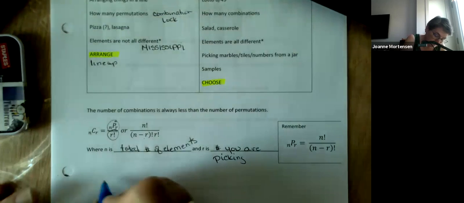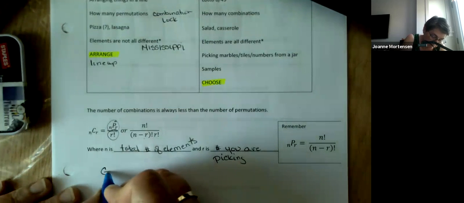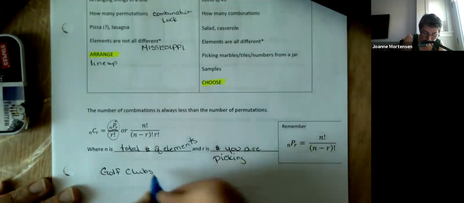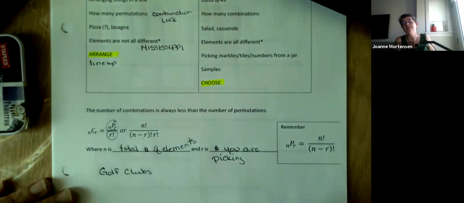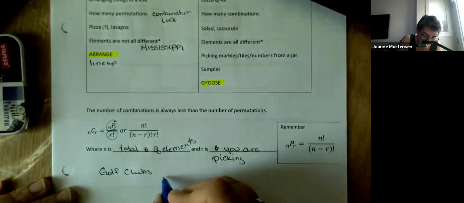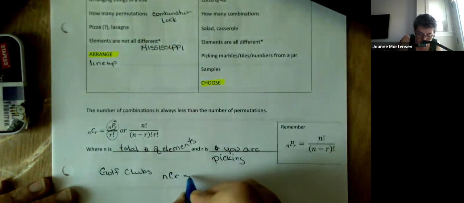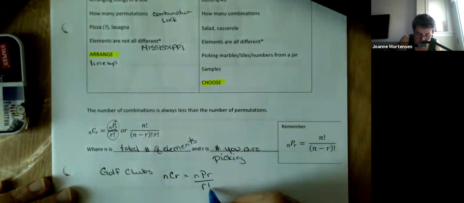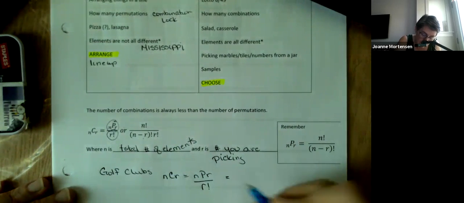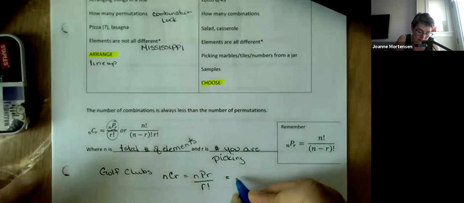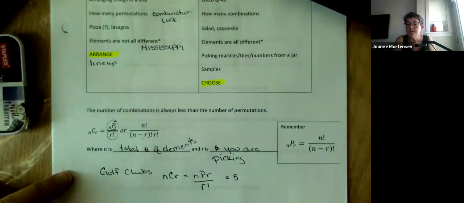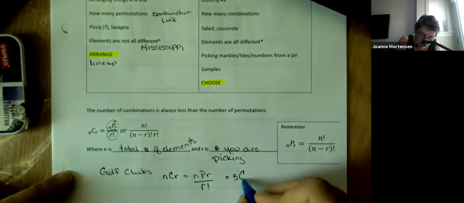Let's go back to the golf club thing. We had figured out that there were 60 permutations. So nCr is equal to nPr over r factorial. There were 5 different clubs, and you had to choose 3.